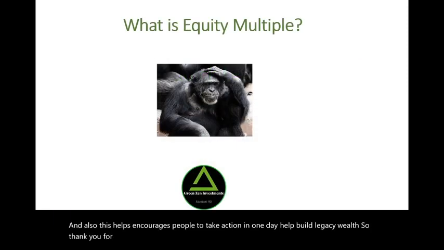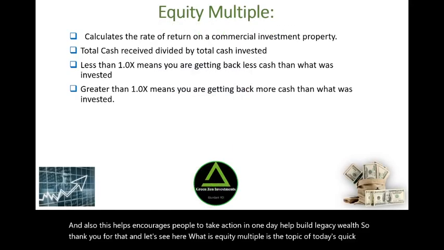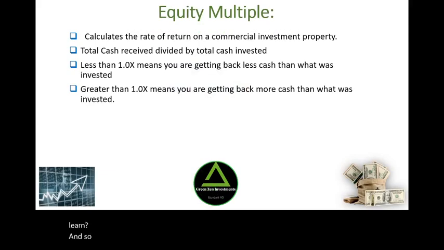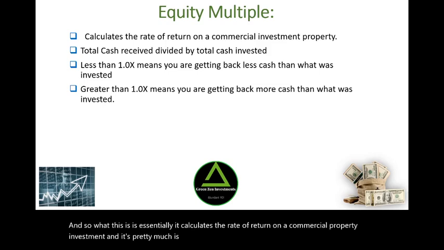And let's see here. So, what is equity multiple? It is the topic of today's quick learn. What this essentially does is calculate the rate of return on a commercial property investment. It is pretty much the total cash received divided by the total cash invested.